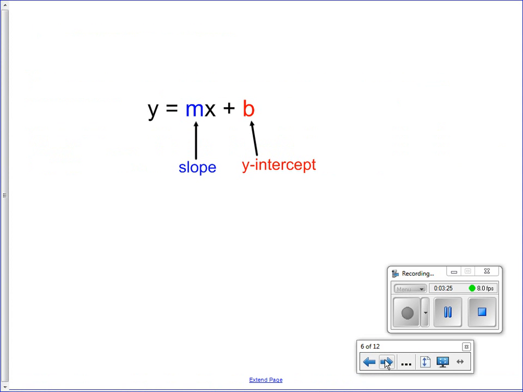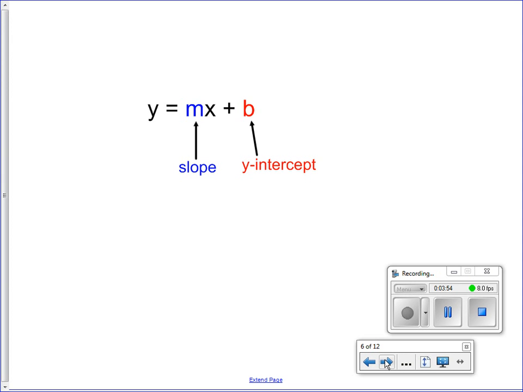This is a diagram I'd like for you to draw into your notes. Note the m, which is an unusual variable to use for slope, but it is the one that mathematicians use. And that is shown in blue, all right, and it is always the coefficient of the x term.